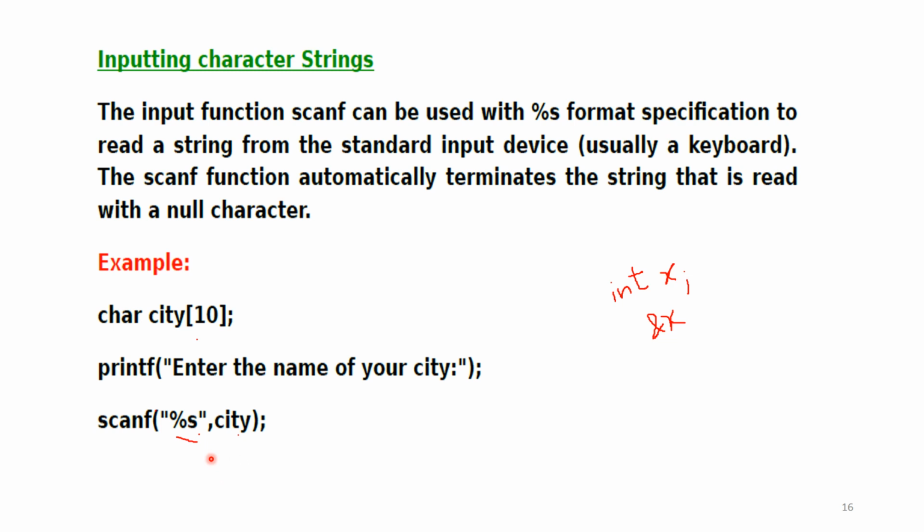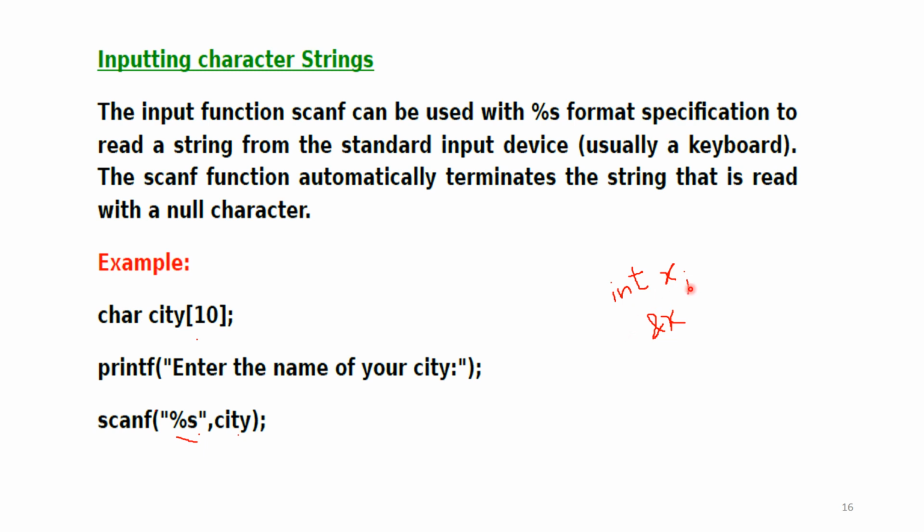Here you should note two things. First, the format specifier for string is %s. Second, there is no address-of operator ampersand attached to the variable name city. If you want an integer value assigned to a variable, here I declared a variable x of type integer, int x; x is declared as integer data type.